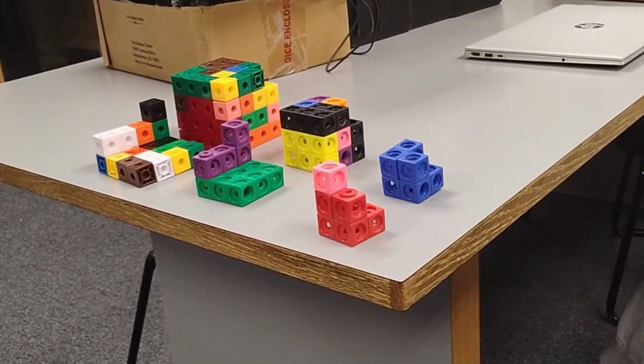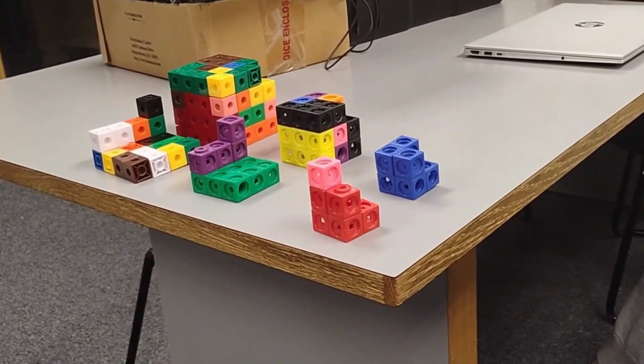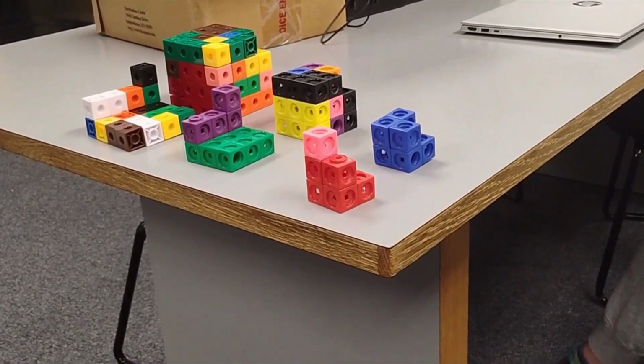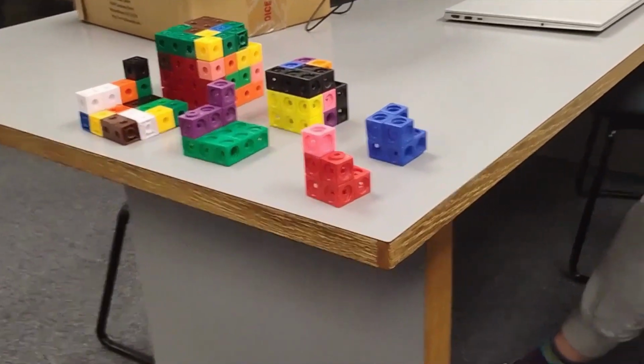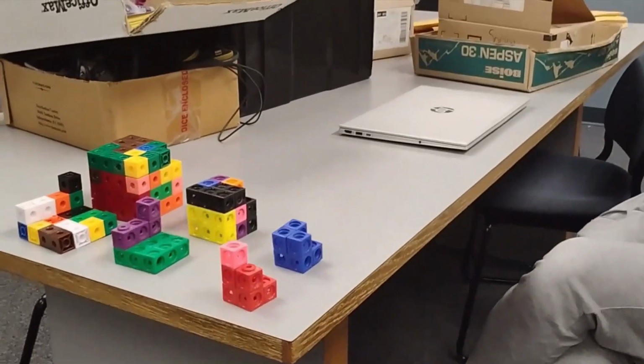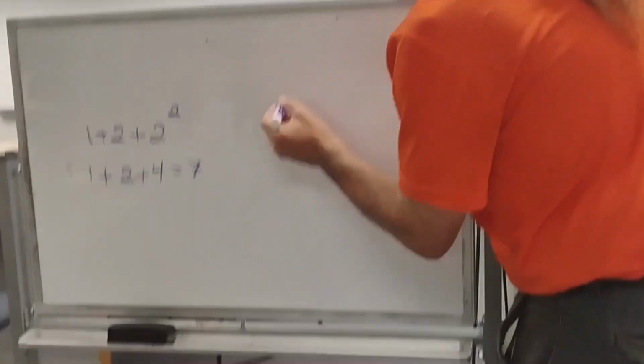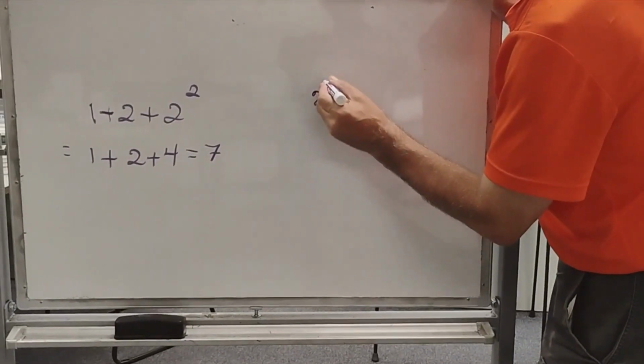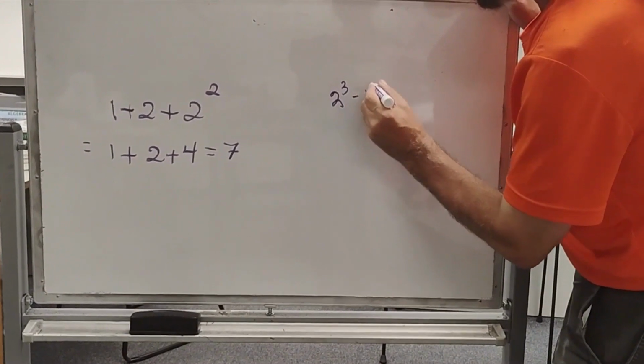You have the 8. 2 times 2 times 2 is 8. Okay, so 2 cubed, giving us 8, minus 1, taking away the 1. Okay, I'll have you hold that again. And actually, we can express the 1 as 1 cubed. Yep.